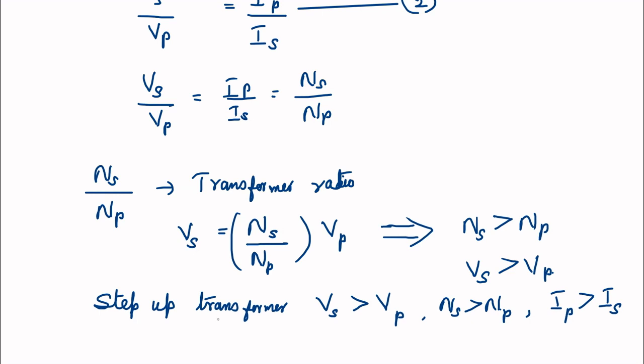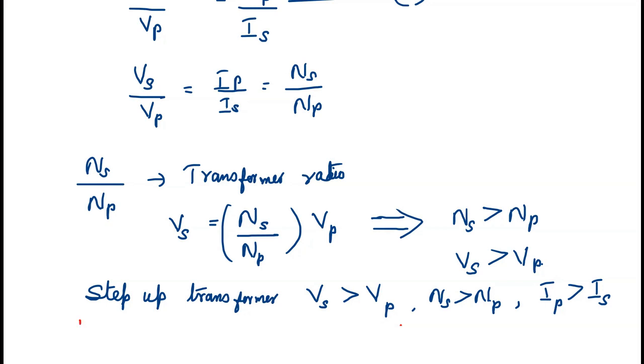And in a step down transformer, Vp is larger than Vs, or Vs is smaller than Vp. Np is larger than Ns, and Is is larger than Ip. So in a step down transformer, voltage lowers, current increases.